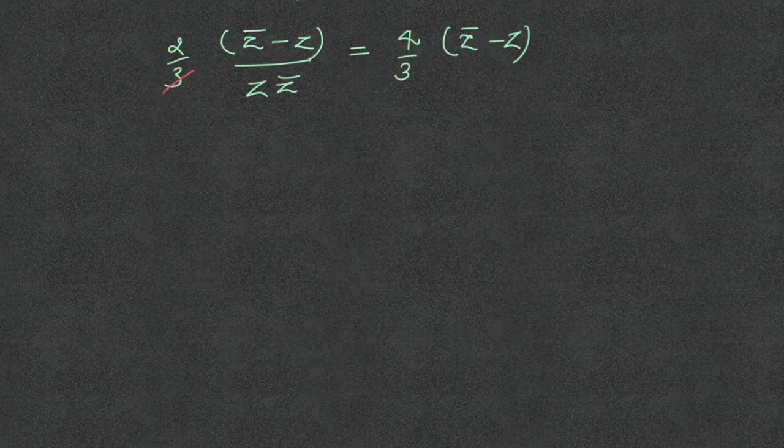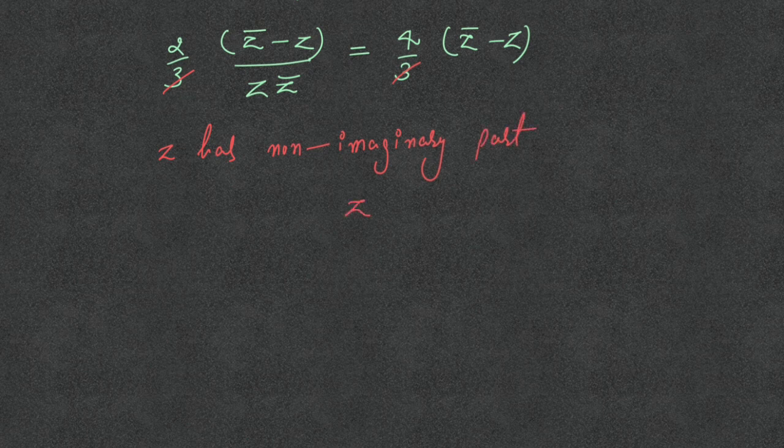Now cancel 3 with 3, and it is given that z has a non-zero imaginary part. That means z cannot be equal to z bar in this case, which implies z̄ − z cannot be equal to 0. So I can cancel z̄ − z on both sides.